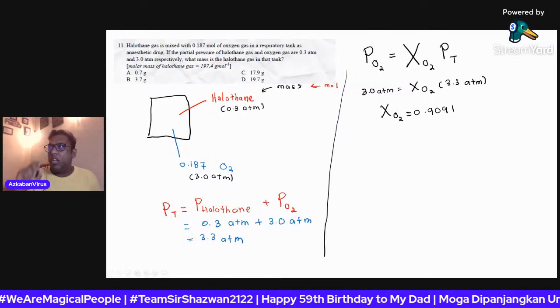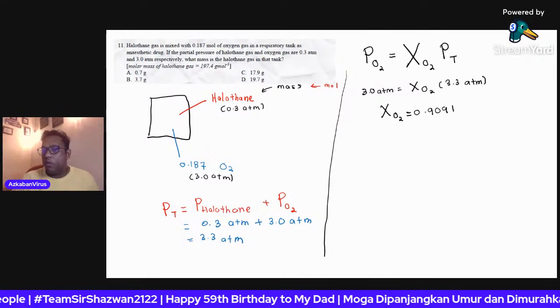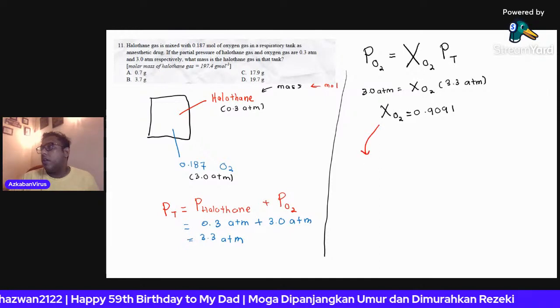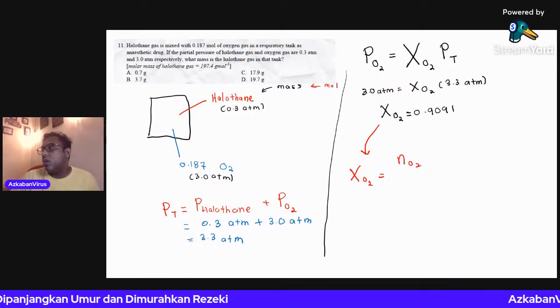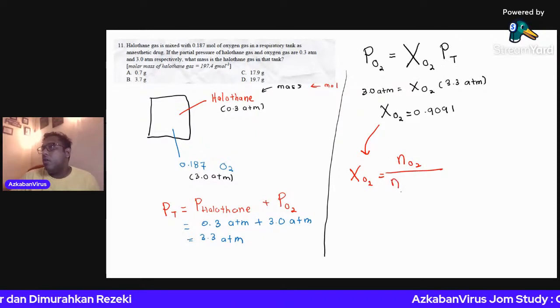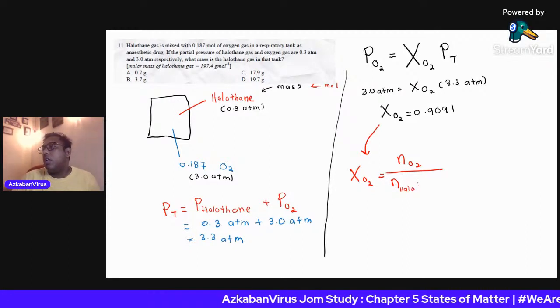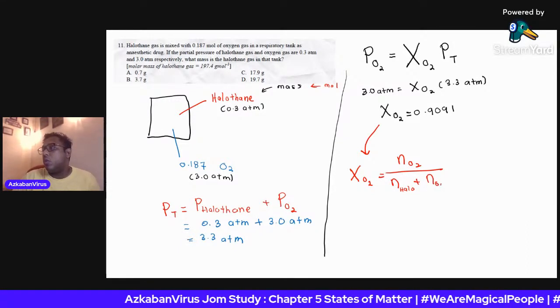Okay? So kita tahu bahawa mole fraction of O2 is equal to chi O2 is equal to mole O2 bahagi mole halothane tambah dengan mole O2.